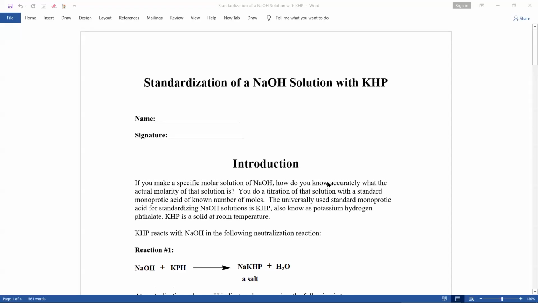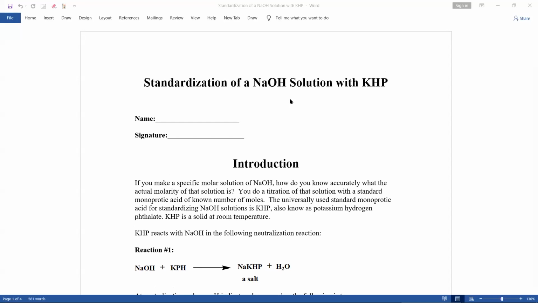Well, that's today's lab. And everybody, it's lab time. And today's lab, what is it? It's standardization of NaOH solution with KHP. And this is something done in almost every lab I've ever worked at.